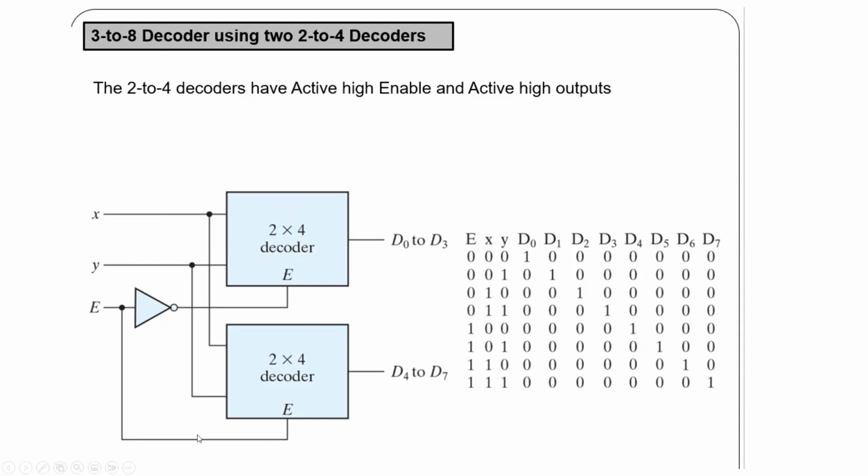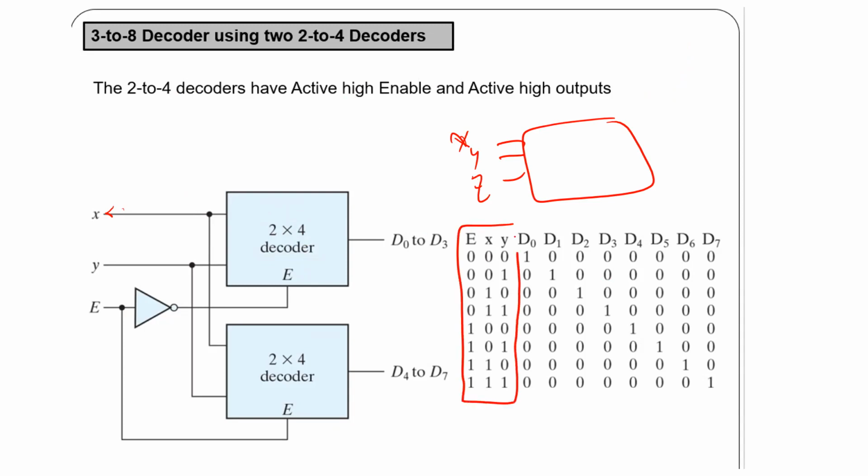For 3-to-8, I should have 3 inputs, X, Y, Z, and then we have 8 outputs. Based on the input value, if the inputs are 0, output number 0 is 1 and everything else is 0. When the output is number 7, pin number 7 is 1, and everything else is 0.